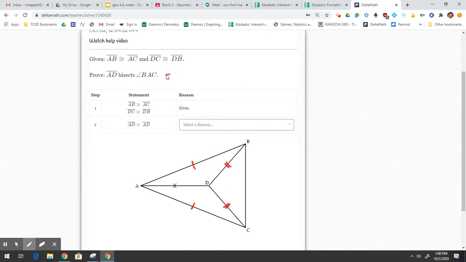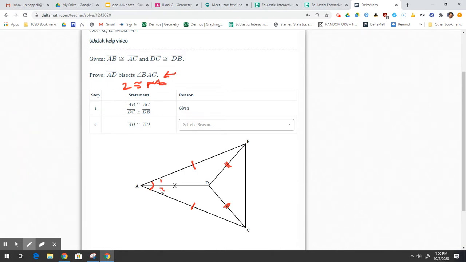We want to prove that segment AD bisects angle BAC. This is angle BAC. For something to be bisected, you have to split it into two congruent parts. Angle BAC is the thing being bisected. So that means that angle 1 here and angle 2 there must be congruent.